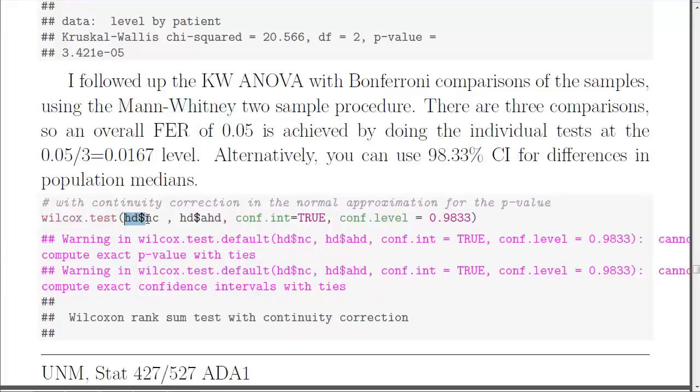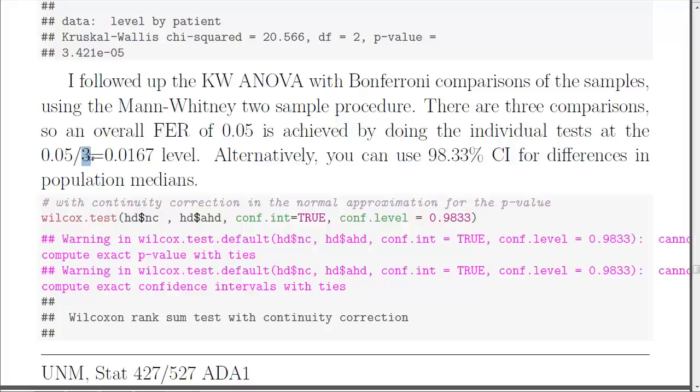So here I'm putting in the normal controls versus the active Hodgkin's, and I'm going to construct a confidence interval. Notice my confidence level, 0.9833. I got that using the Bonferroni correction to control for the family-wise type 1 error rate. I've got the type 1 error rate that I want of 0.05, and I'm going to divide by the number of tests that I'm doing between pairs.